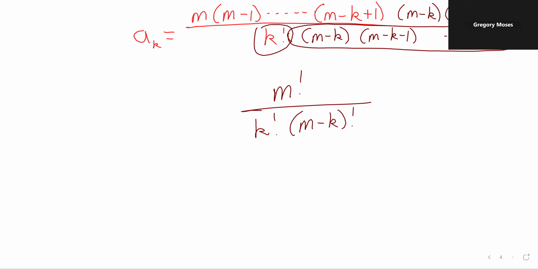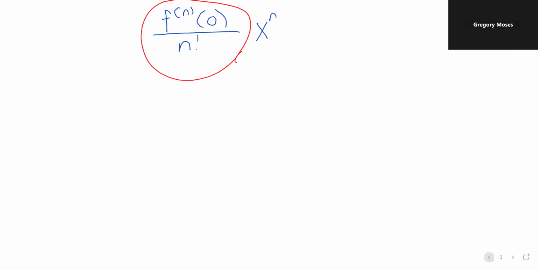And the reason we do this is partly it makes it a lot easier to remember. Partly it's because if you're trying to do stuff on your calculator, it will have a factorial button. So it's nice to have factorials.